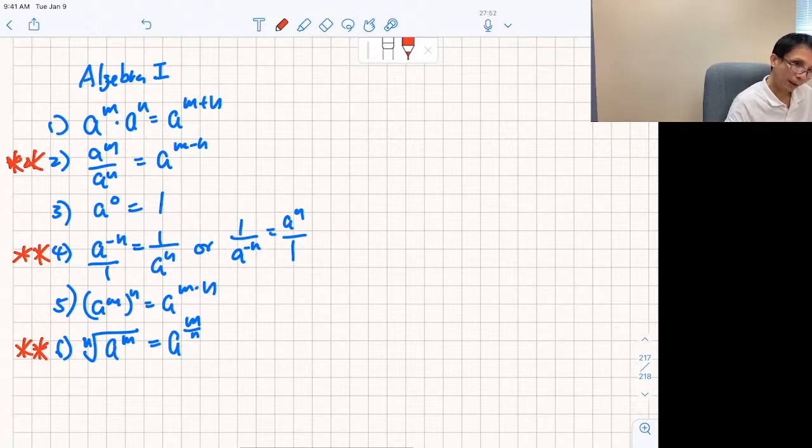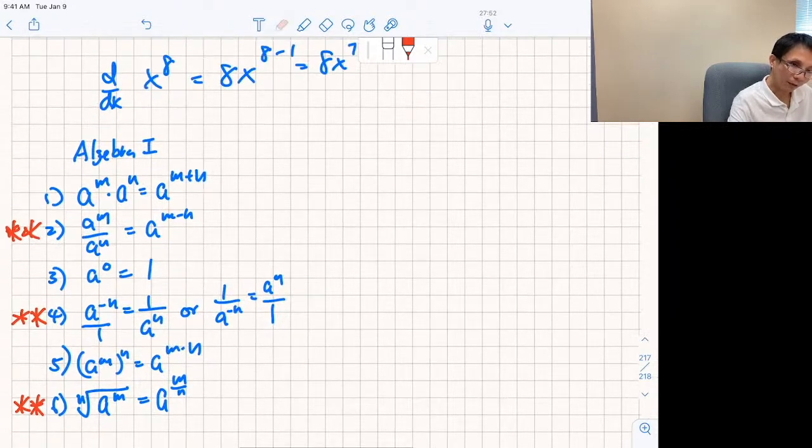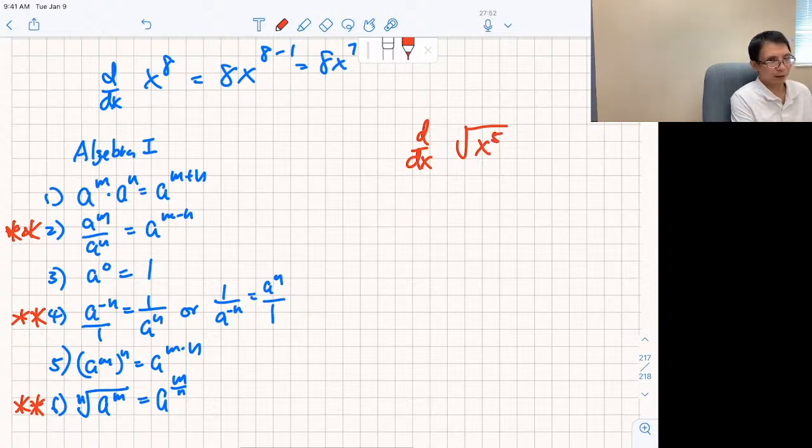So let's just say I want to take a derivative of these functions. What do you think, how do I take a derivative of this?